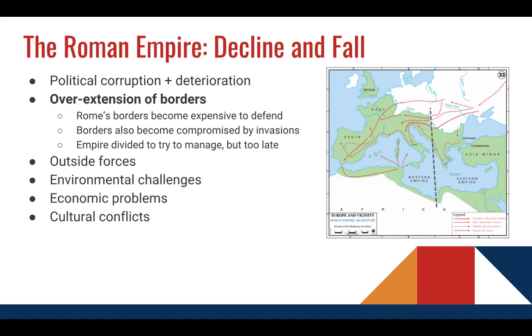And the empire does try to manage this. Diocletian, the emperor of Rome, splits the empire into two governing zones, the east and the west, as you've heard in your overview video. But really, it's just too little too late. This overextension leads to financial problems and eventually the decentralization of that western portion of the empire.